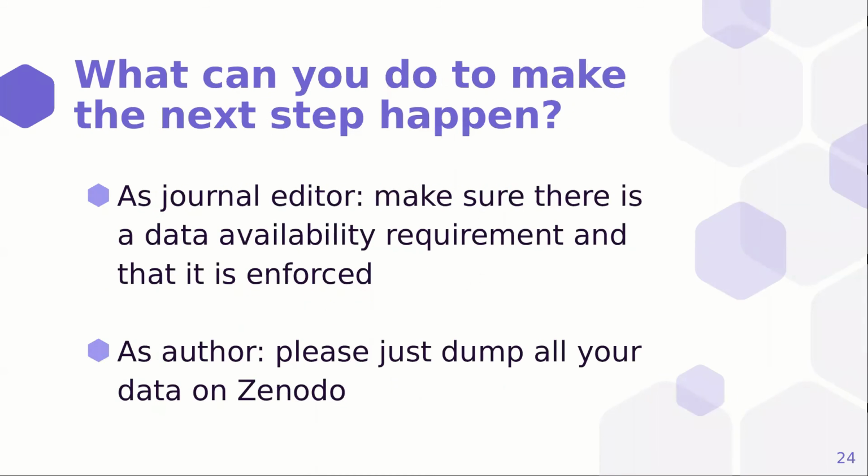And then looking at the audience, I thought interesting could be, what can you do to make the next step happen? And I would argue, if you're a journal editor, you can make sure, somehow, with a lot of pressure and long time horizons, to have in your journals a data availability requirement, and to have the data openly available, and that data available on request is not something to write in a paper.